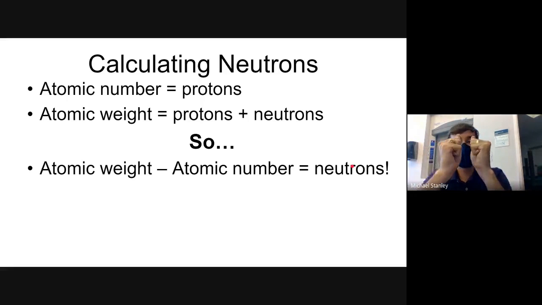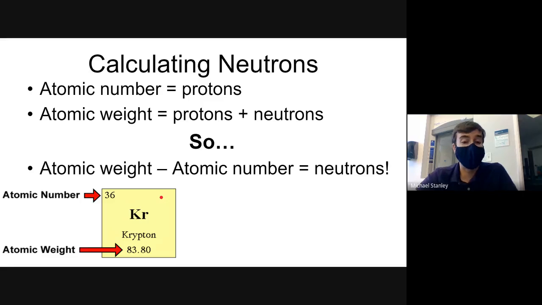If you take away the number of protons, you're left with the number of neutrons. So the atomic weight, that bigger number on the bottom, minus the atomic number, that smaller number at the top, will tell you how many neutrons you have.